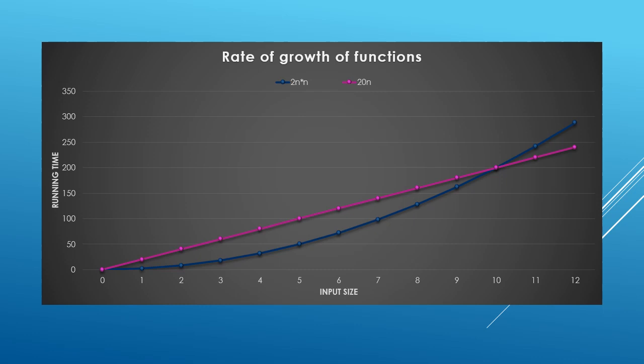In this graph depicting 20n and 2n squared, we see that the two functions cross each other at n equals 10. 10n and 20n are both linear with different coefficients. 2n squared is quadratic. The coefficient does not determine if two curves cross each other. It only determines the point at which the two curves cross each other.